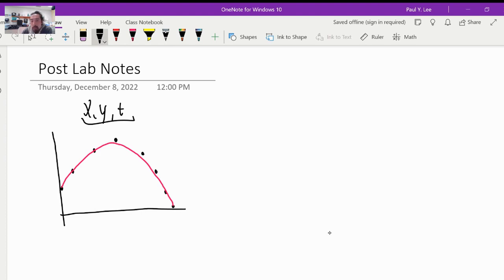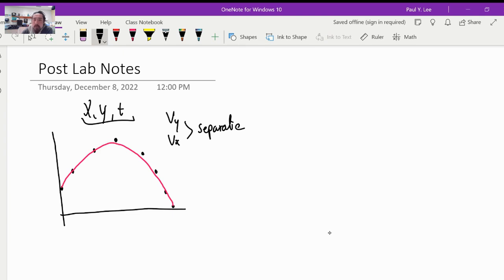But the big main important idea for this unit is that you understand that as the ball is traveling through the air, the object has a y velocity and an x velocity, and these are actually separate velocities. But when we view the object, we don't view them as separate velocities.